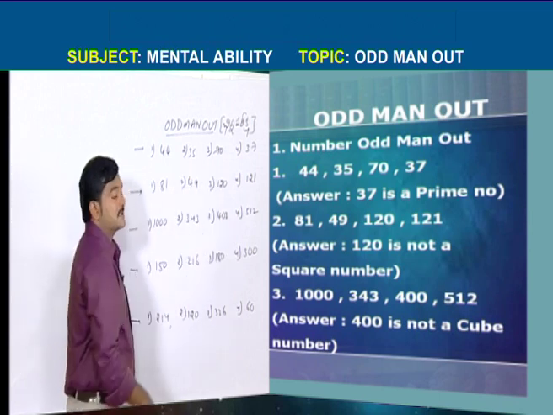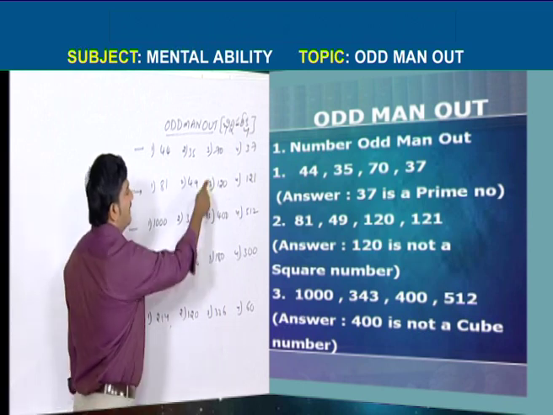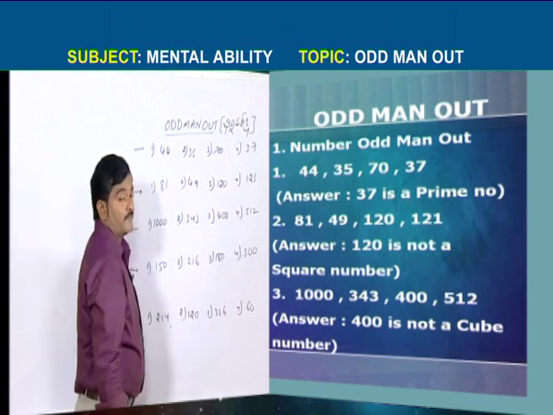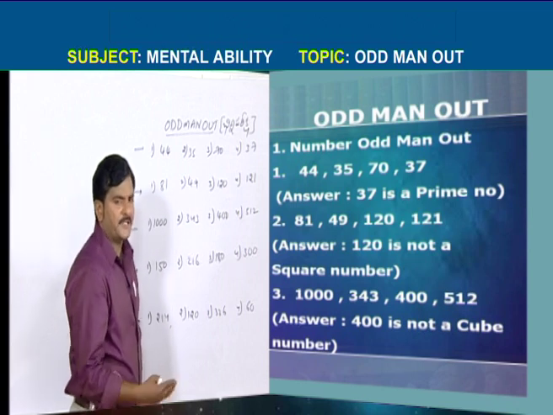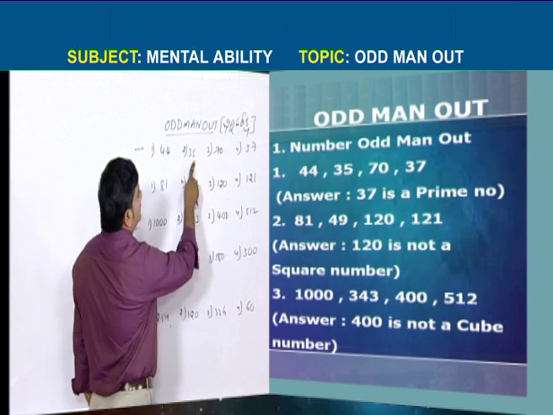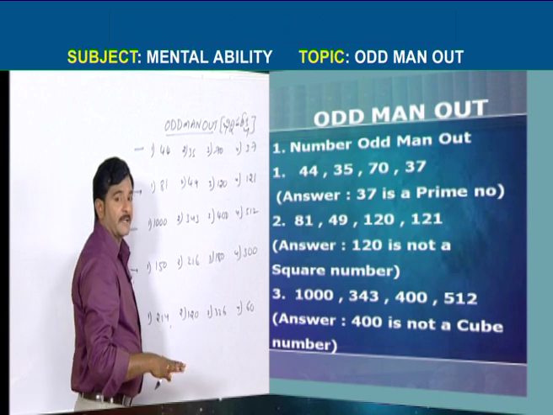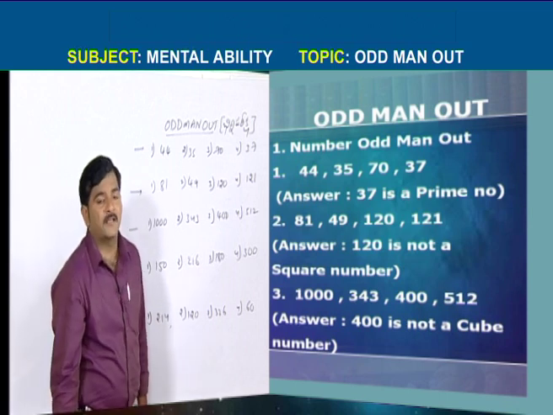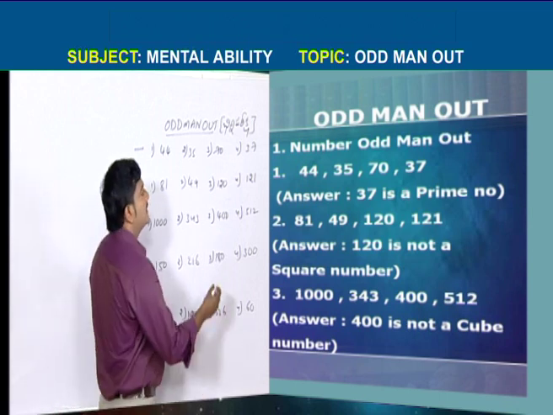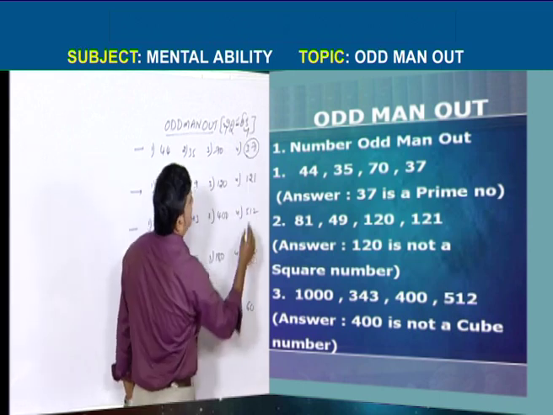These 3 numbers are composite numbers because they have different factors. 44 is not a prime, 35 is not a prime, 70 is not a prime. What about 37? 37 is prime. Hence, the answer for this question is the fourth option.